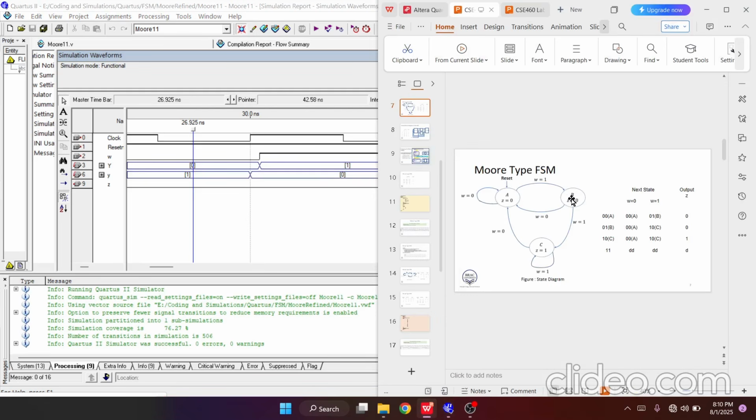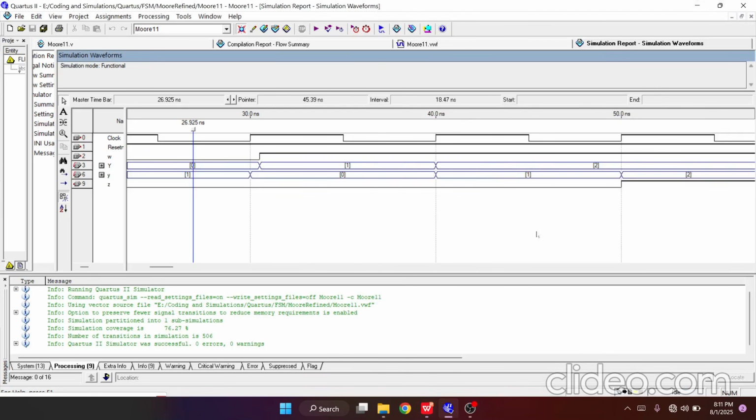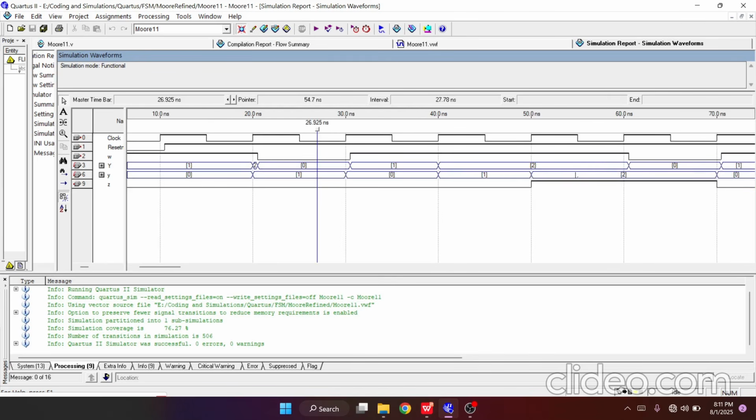While being in B state, if you get W equal 1, you should go to C state. That means your capital Y should be equal to 2. So here you can see capital Y is 2, from here to here.